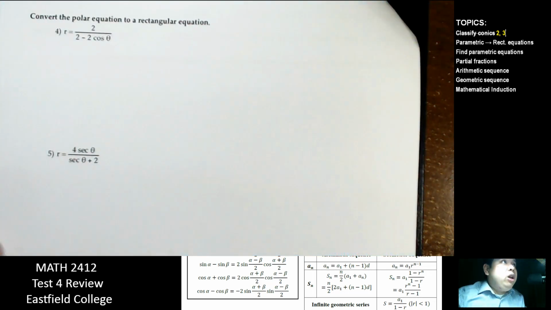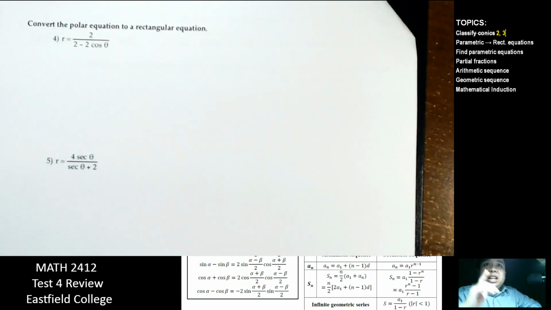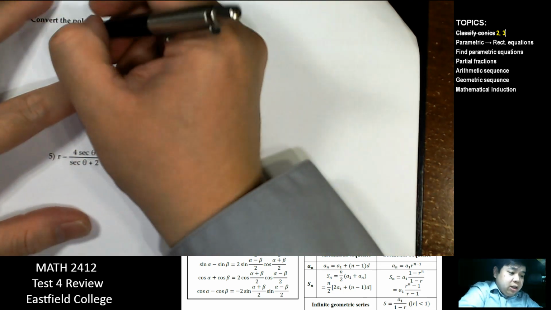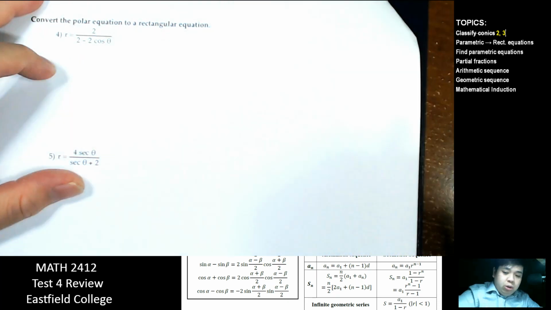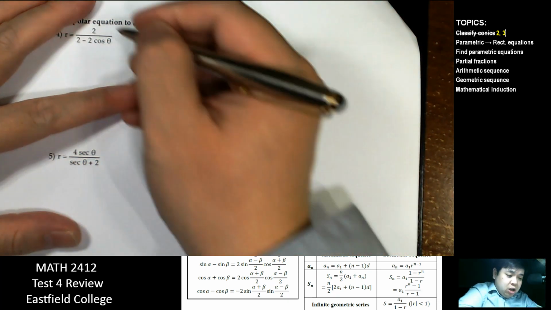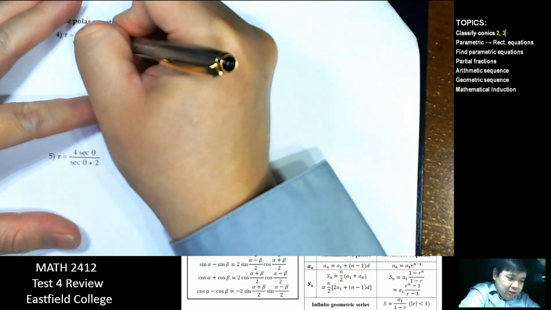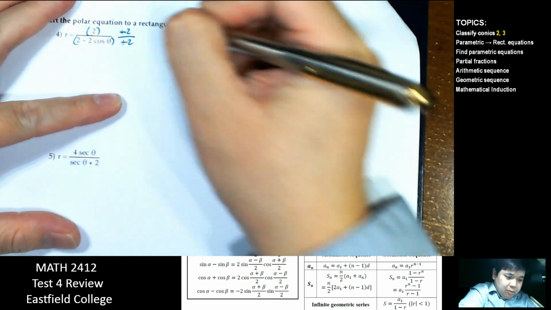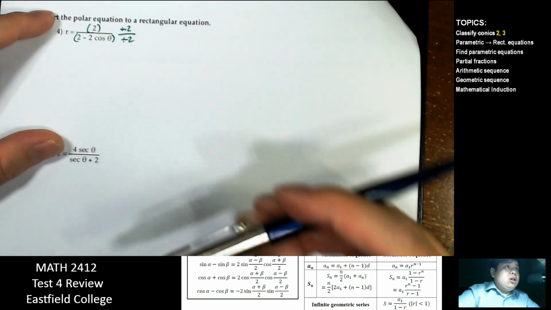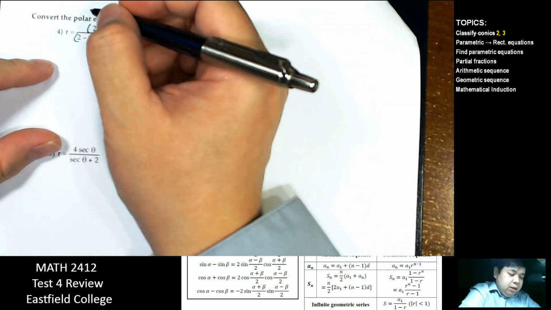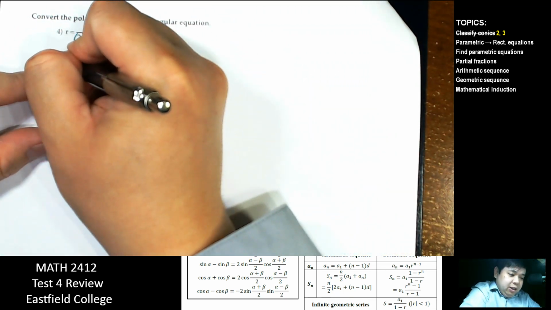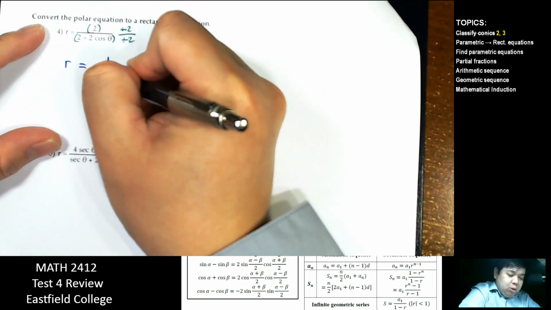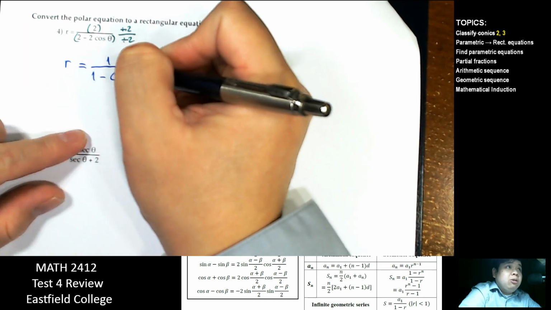Next, we really don't have this in that topic, but I'm going to do that anyway. So first, when we look at this, we see 2 and 2 and 2. So why don't we divide 2 on the top and bottom? So when we do that, we have r equal to 1 over 1 minus cosine theta. Right.